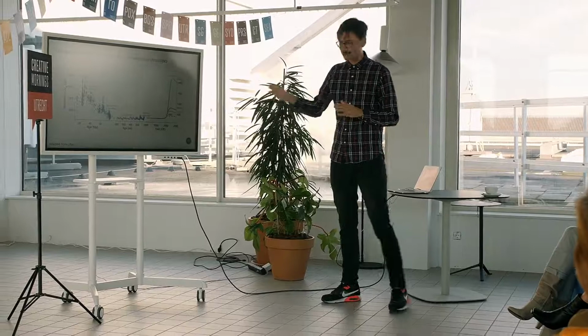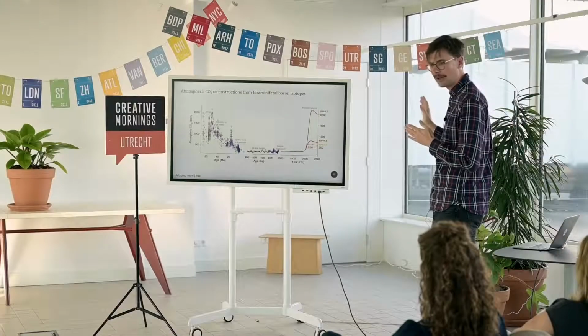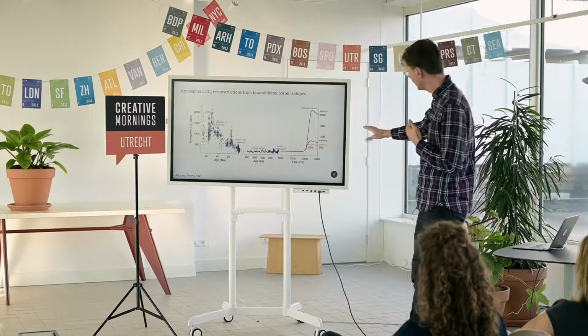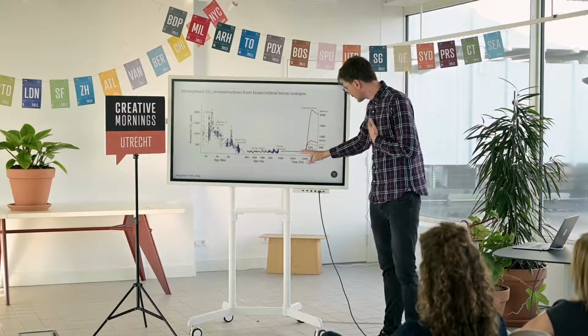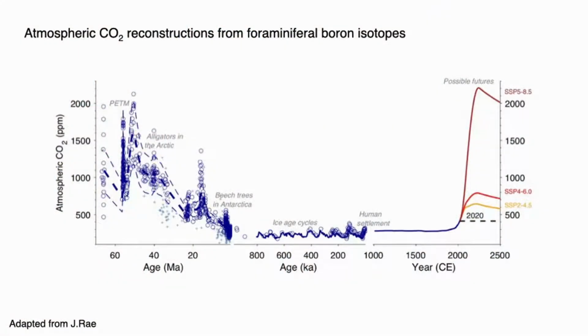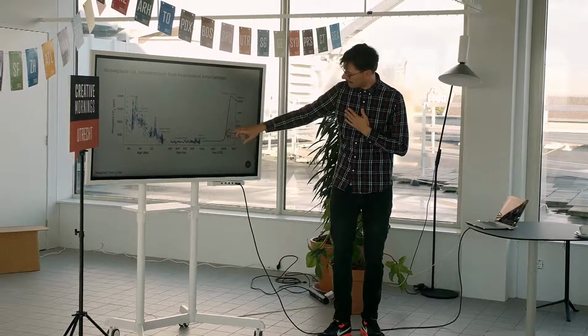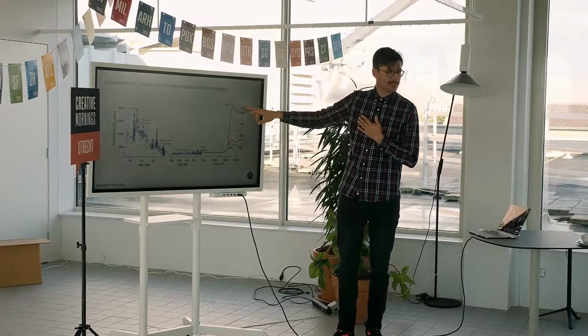So another time scale. What are we looking at now? This is CO2 concentrations, but now going into deep time. So again, this is the last 2,000 years. We came from something like 280 ppm. We are now at 420. These are our different economic pathways.